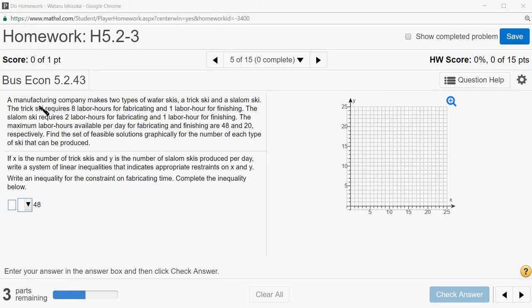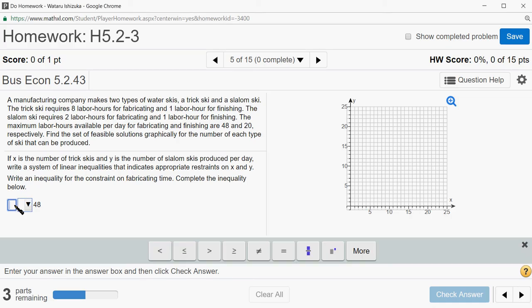So you're going to make x trick skis, and each ski requires 8 hours of fabricating time. So 8x would be the number of hours of fabricating time for trick skis.